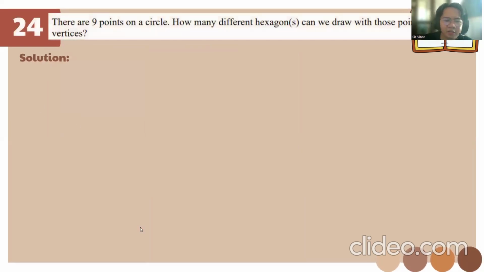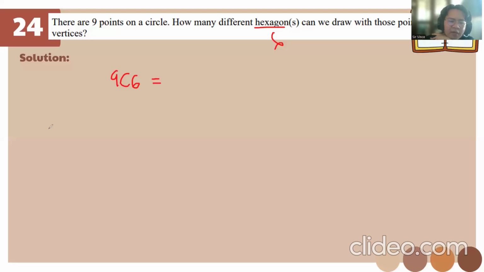This should be a matter of combination, okay? Hexagon has 6 sides, so we'll do 9 combination of 6. Okay?